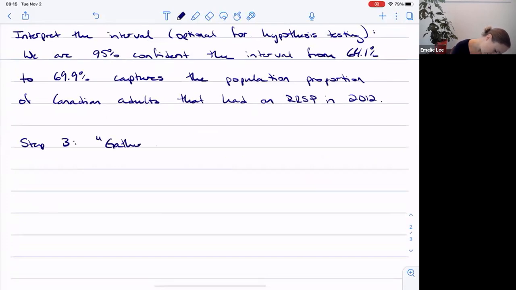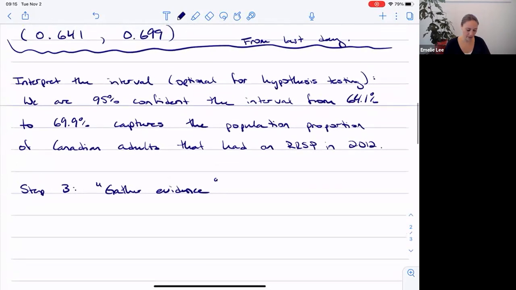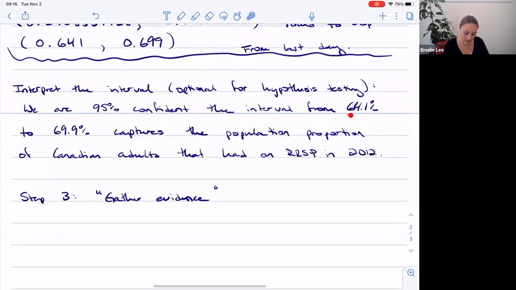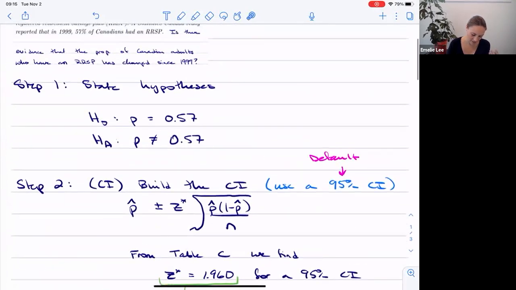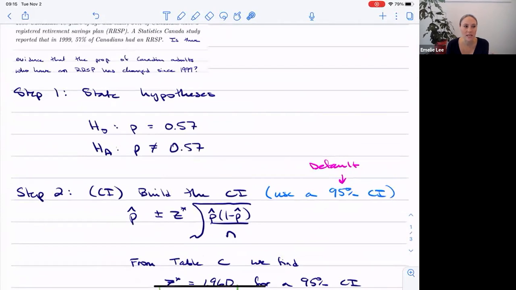If I'm 95% confident that the true proportion is somewhere between 64 and 69, then going back to my null hypothesis, I'm saying I'm 95% confident that it is not true. P can't be 0.57 if the interval goes from 64 to 69.